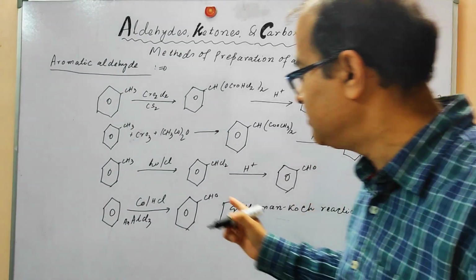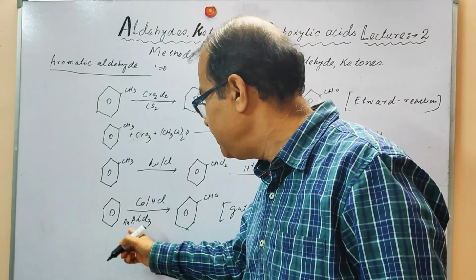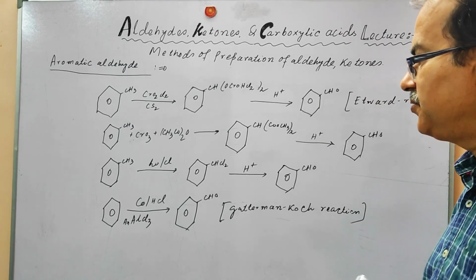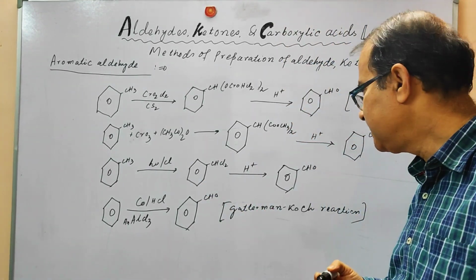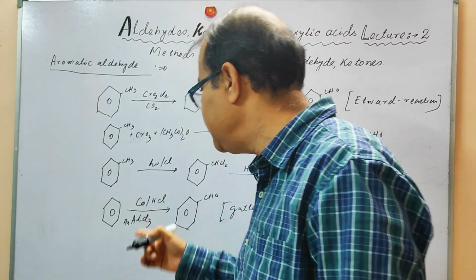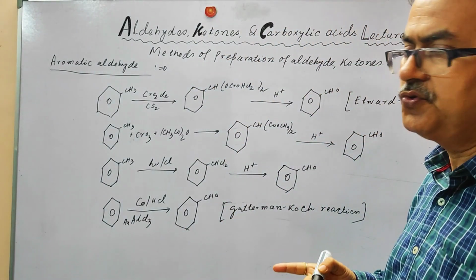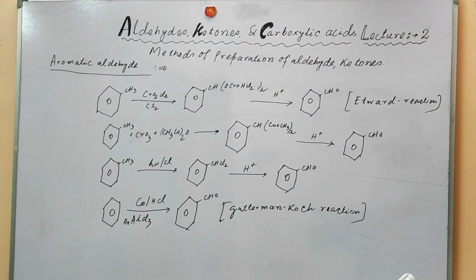In this case, you can see the carbon monoxide with HCl in the presence of anhydrous aluminum chloride produces this. In another reaction, when we use HCN and HCl in the presence of anhydrous AlCl3, that also produces the CHO group. This is called Gattermann synthesis.